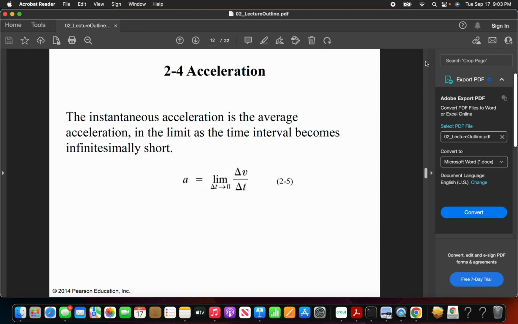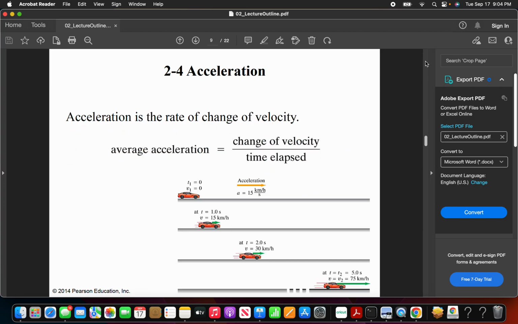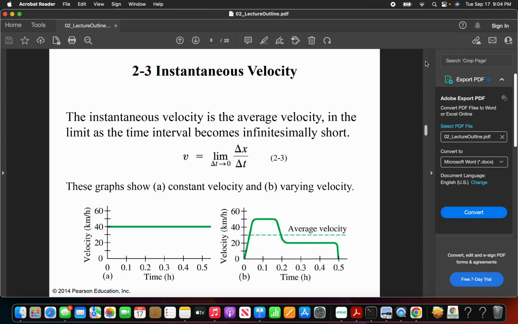So acceleration, and I didn't mention it, but because we're in an algebra based class, this is calculus, so we're not going to be talking about any derivatives. But it's the same thing, right? In order to calculate the velocity of an object, we could do the first derivative of the position vector.